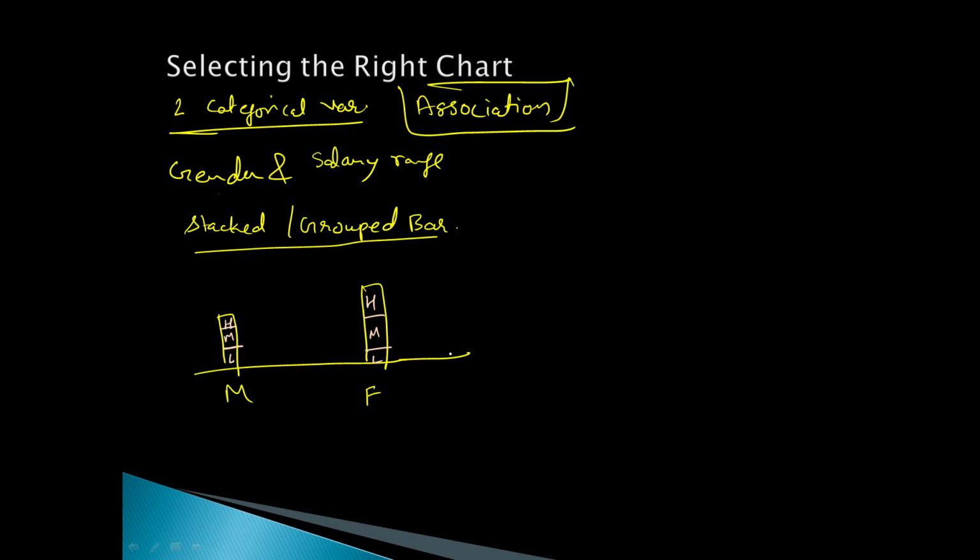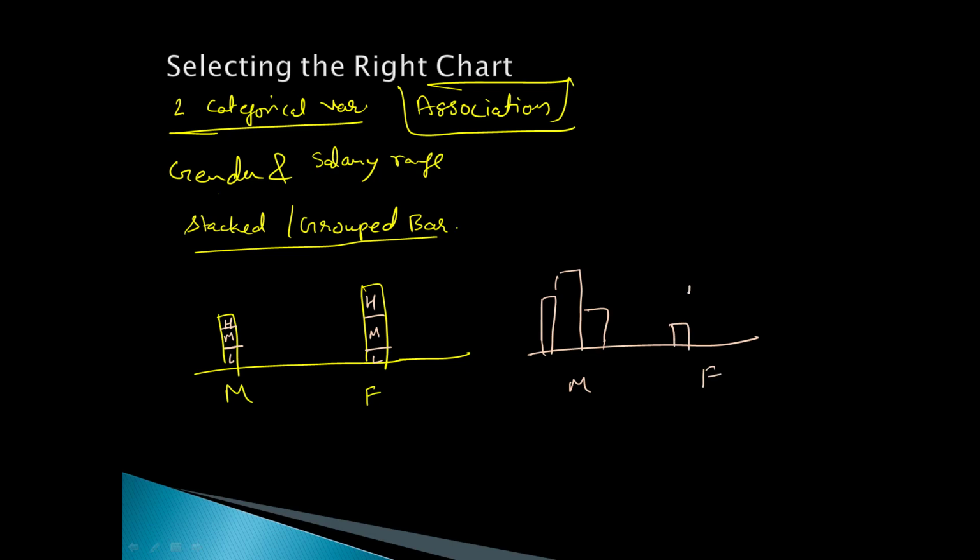It's not that easy to read those stacked bar charts, so at times we use percentages, basically a 100% chart, to make it easy to read. We will discuss the interpretation in a separate video, and otherwise you can make a grouped bar chart like this also. So these are the groups for males, and similarly these are the groups for females.